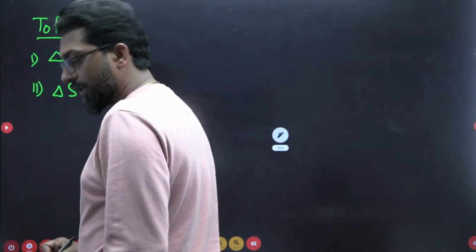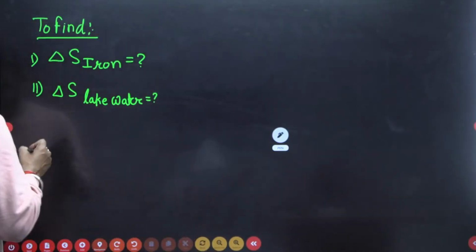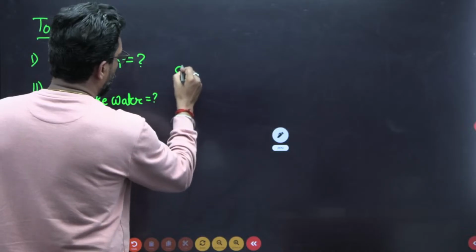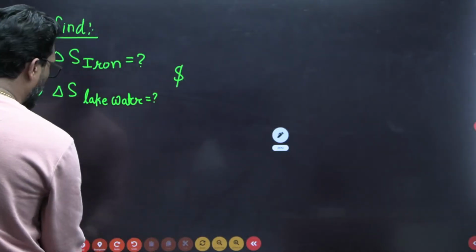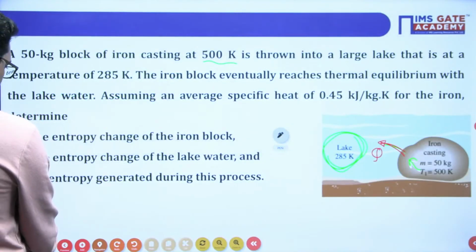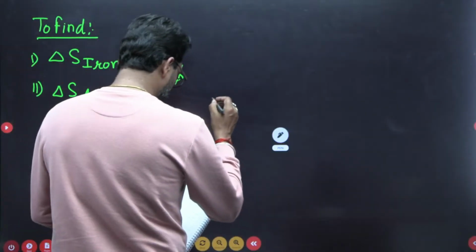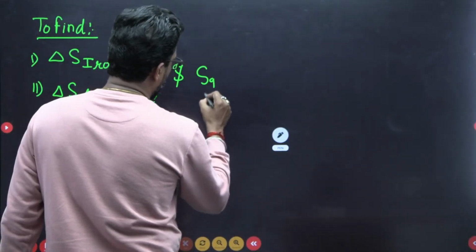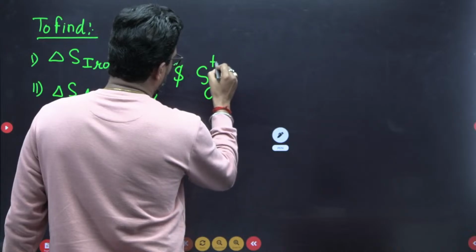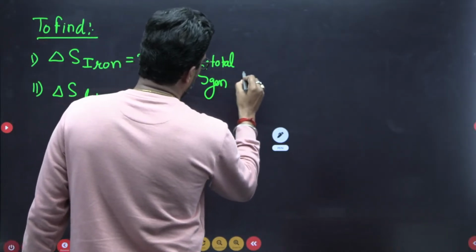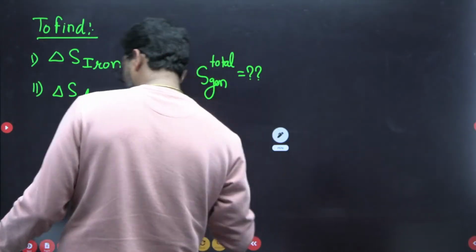And also the entropy generation during the process, that means S generation. This is the total.